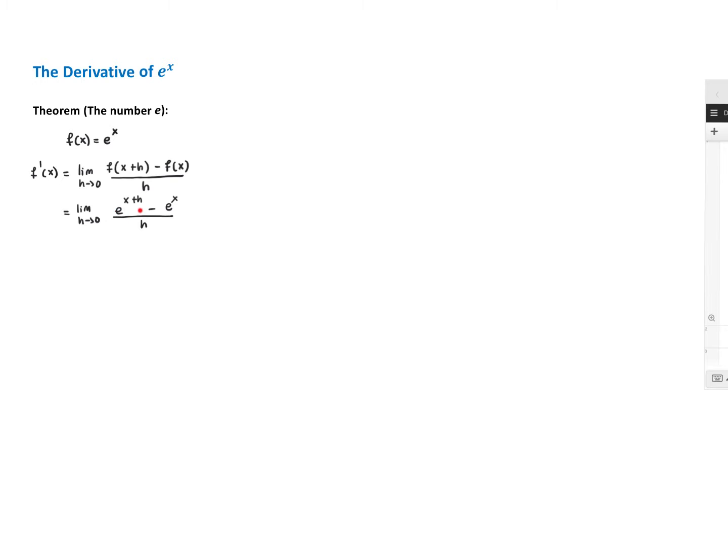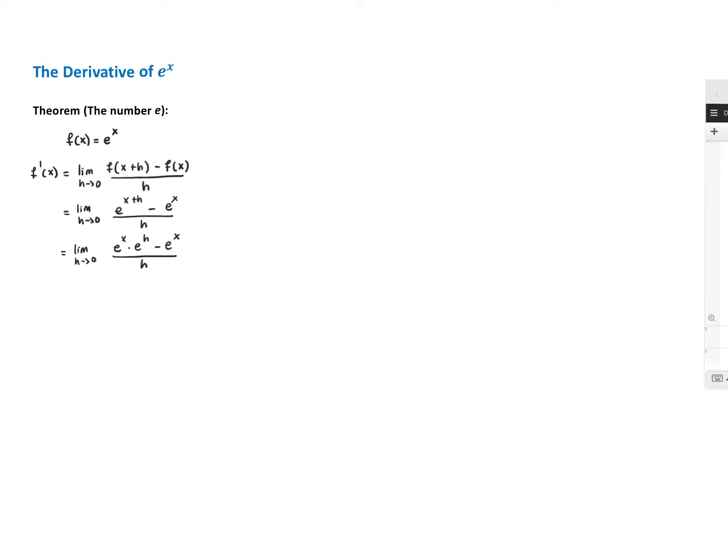Then here, we're going to use properties of exponents or laws of exponents to re-express this as two powers. For example, this is what I mean. We're going to have the limit as h approaches 0, and we will rewrite this as e to the x times e to the h minus e to the x divided by h.